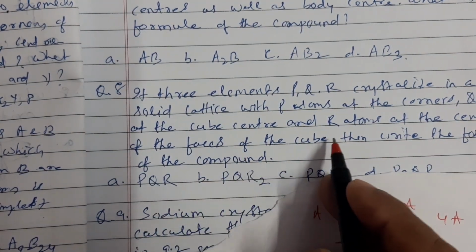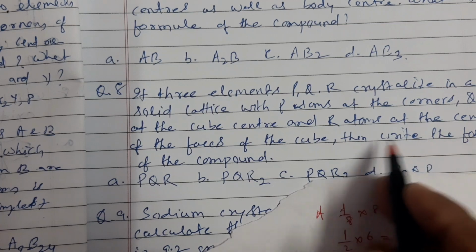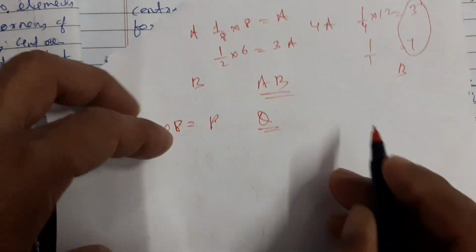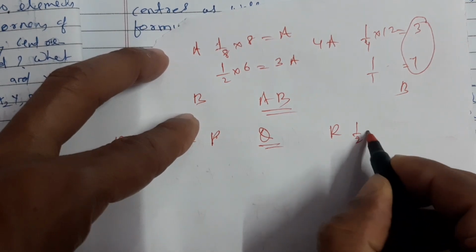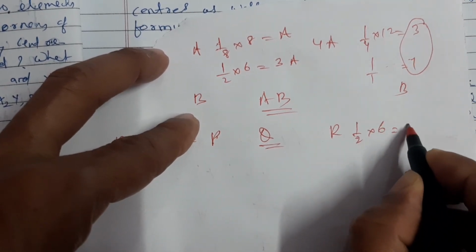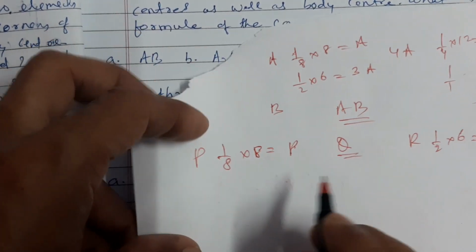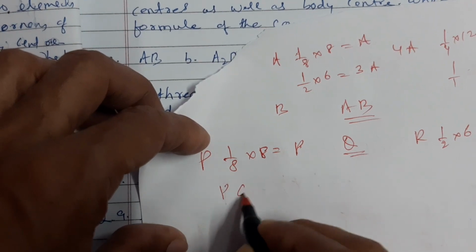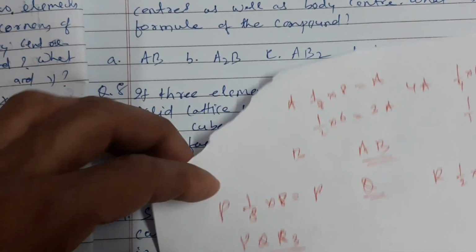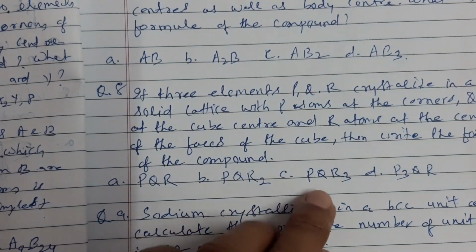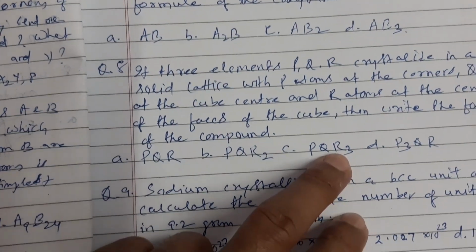And R atoms are at the centers of the faces, so R is half multiplied by 6 faces, which is 3 R. So the formula is PQR3. Choice C is the correct answer.